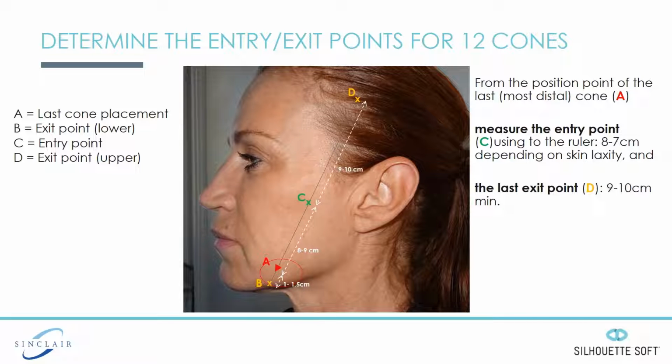This same principle applies for the 12-cone suture, the only difference being that the distance from the last cone, point A here being the efficient pulling point, to the entry point, identified as point C here, should be 8 to 9 centimeters and 9 to 10 centimeters to the exit point of the anchoring part of the suture. This is point D here.